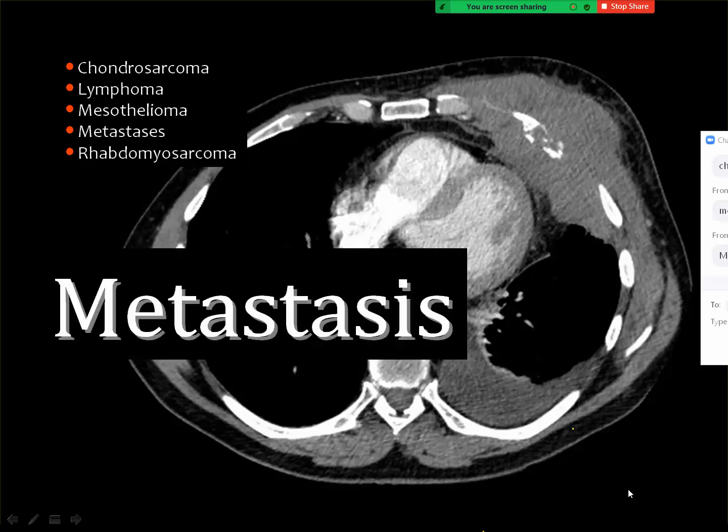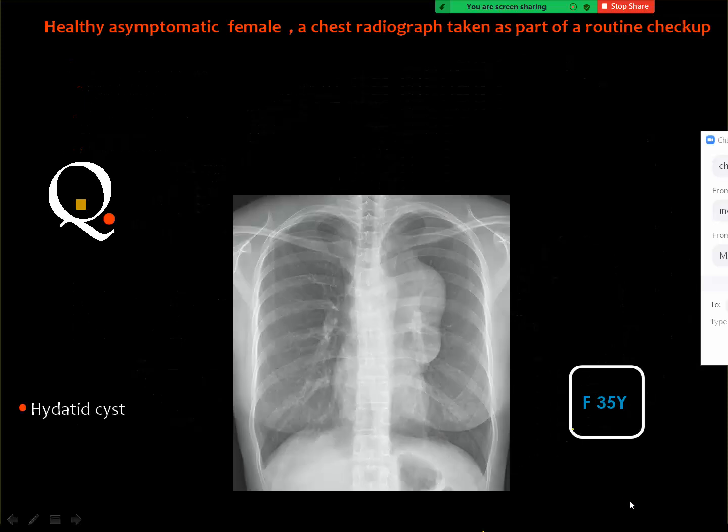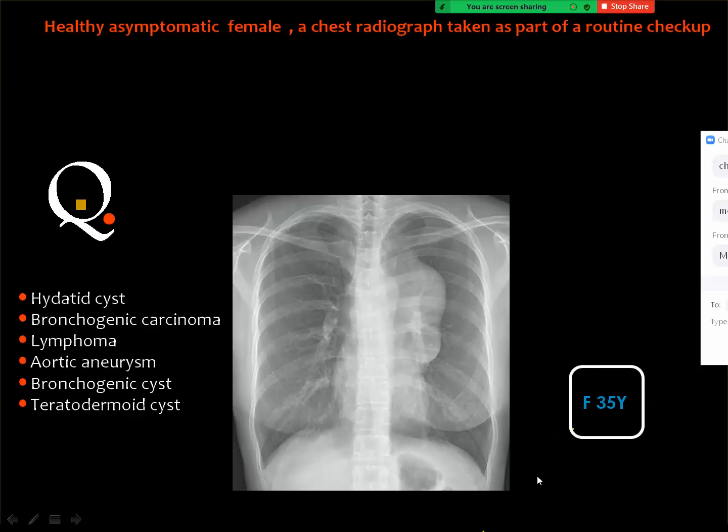The association of pleural effusion can fit for all these possibilities. This is not mesothelioma, and it is not chondrosarcoma, as the lesion does not contain matrix calcification, and this is just destruction of the rib. And the first possibility should be metastasis.